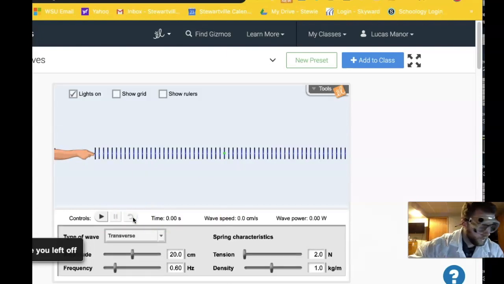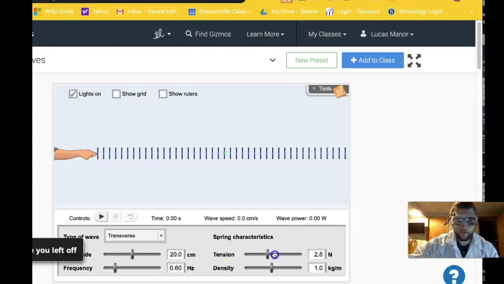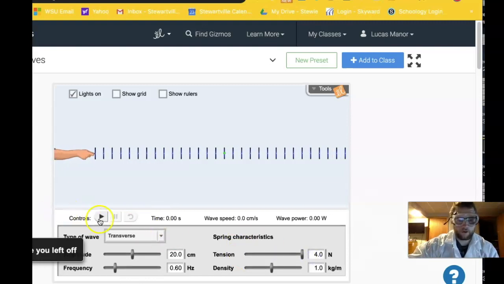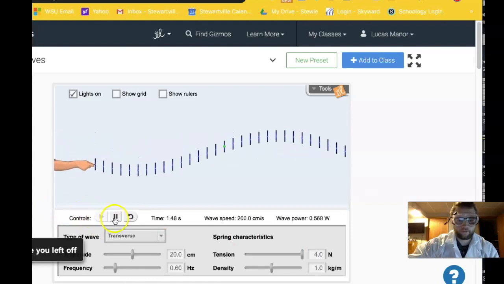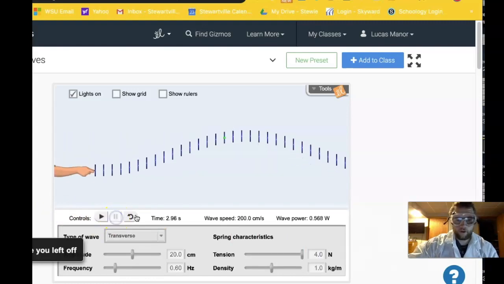Let's reset, and we now need our tension set to 4 newtons. Alright, now we see our wave power for our sixth one down on our table is 0.568 watts.